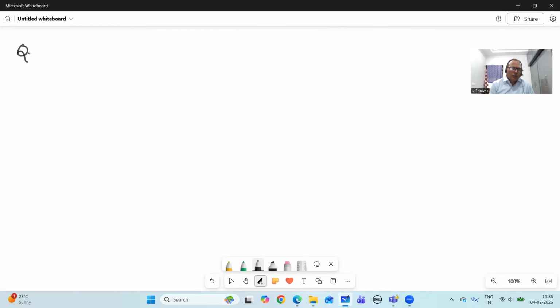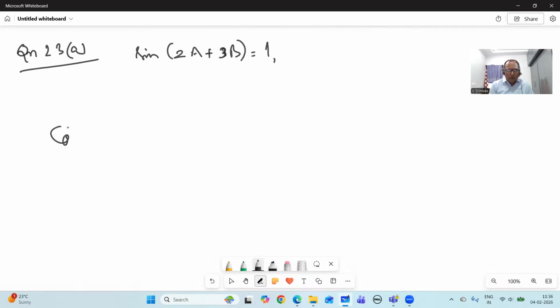Question number 23, part A. Sine of 2a plus 3b is 1 and cos of 2a minus 3b is root 3 by 2.